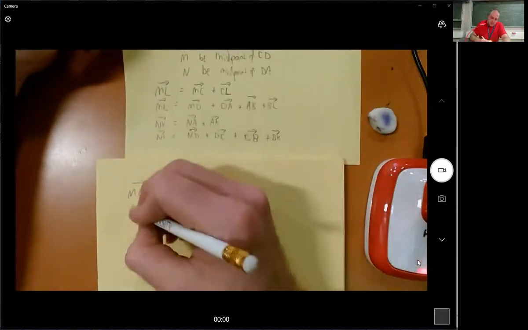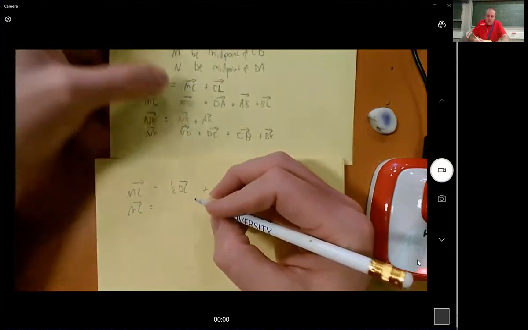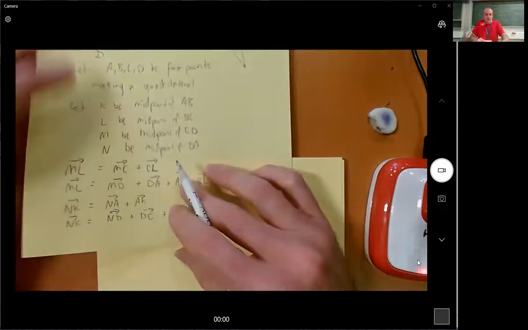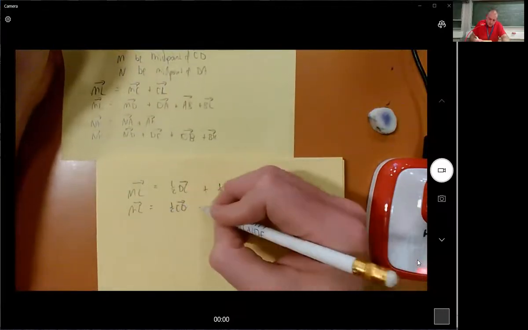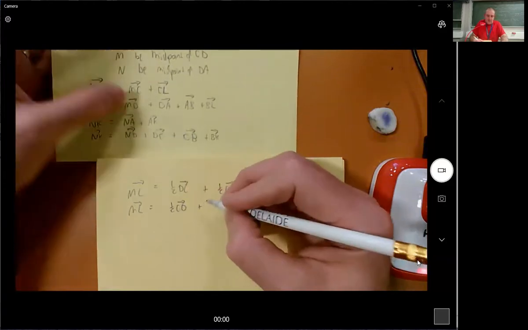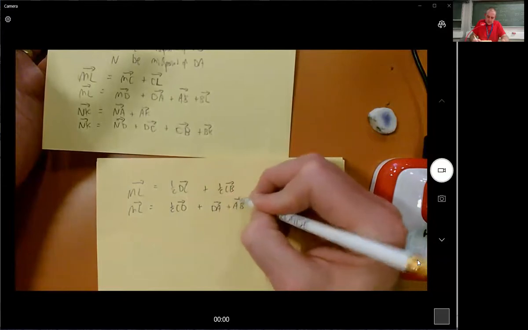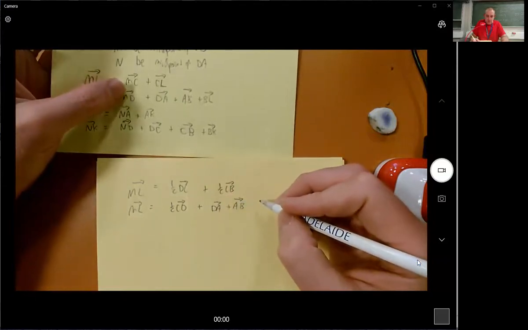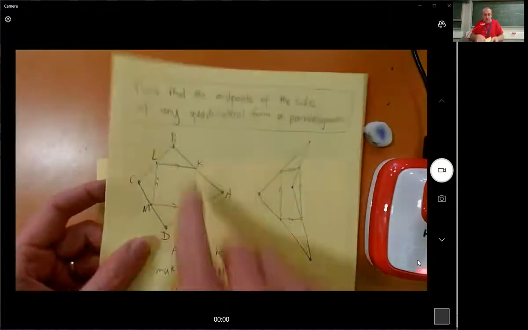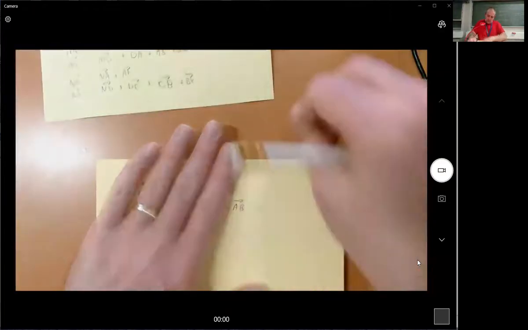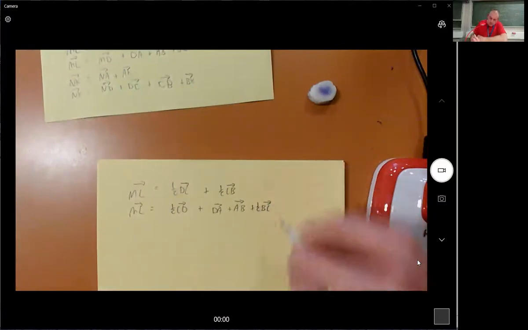Okay, and it's also equal to MD, which is half of CD, plus DA, which is fine, plus AB, which is fine, plus BL, and BL is half of BC. Okay.